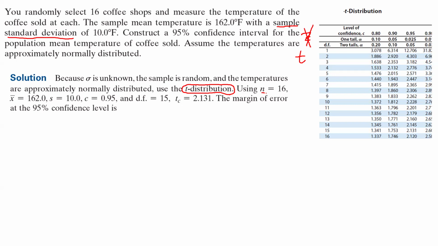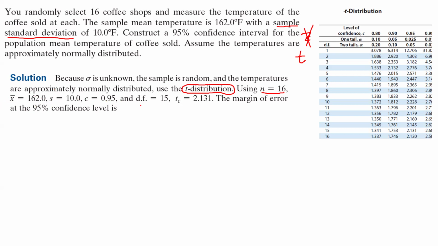The collection has 16 temperatures in it. The average temperature x bar is 162 degrees. s, or sample standard deviation, is 10 degrees, and the confidence level is 95%.